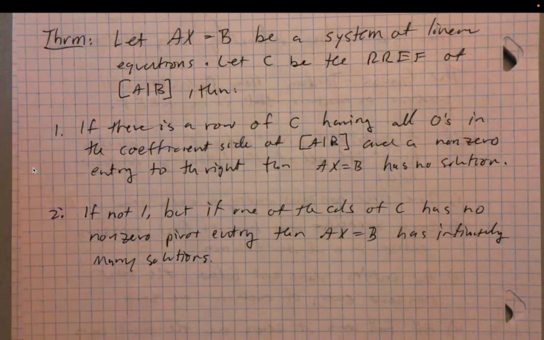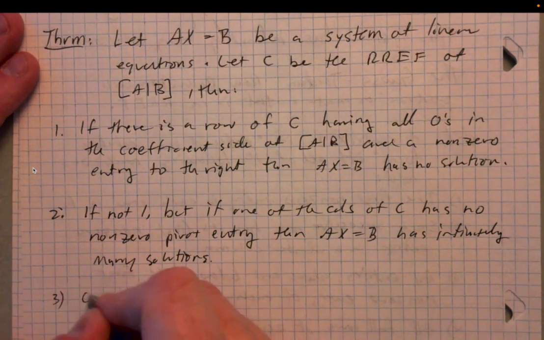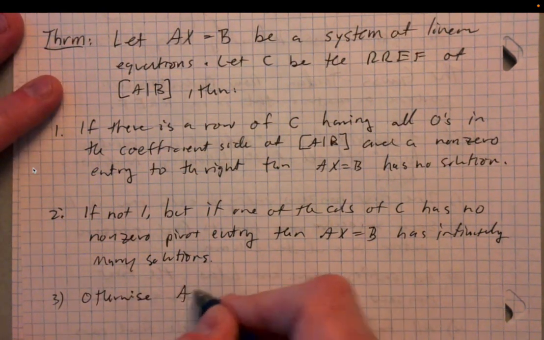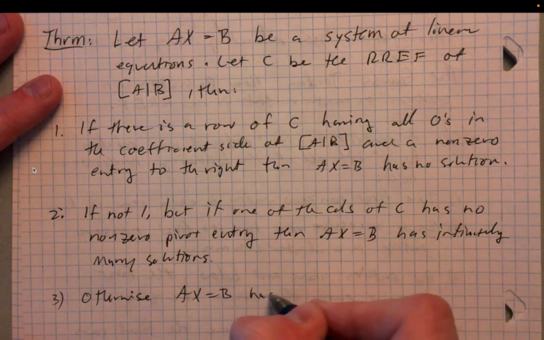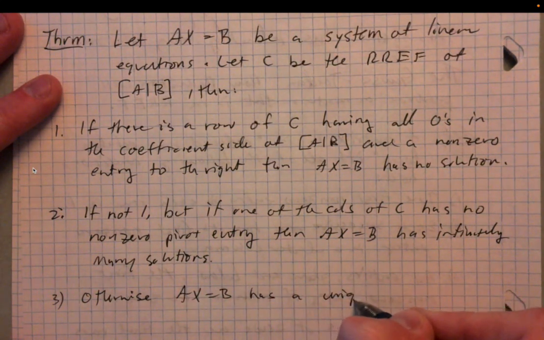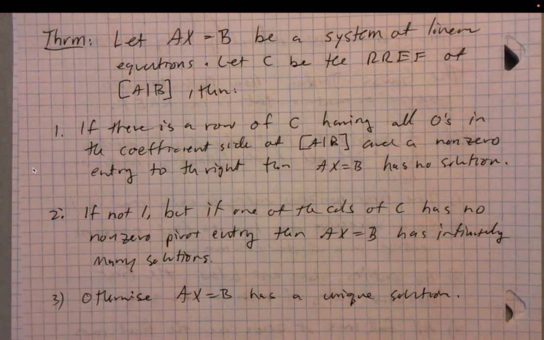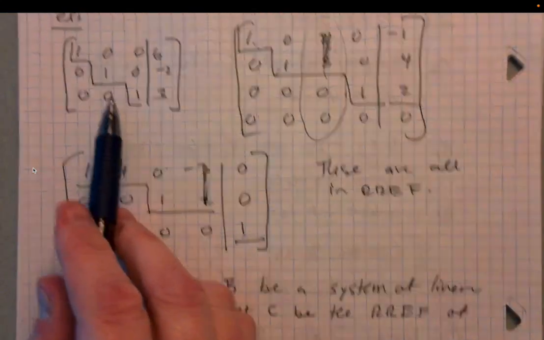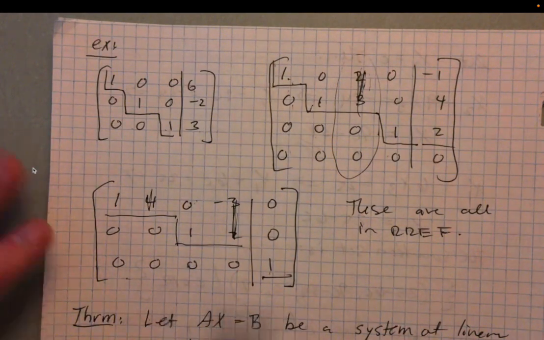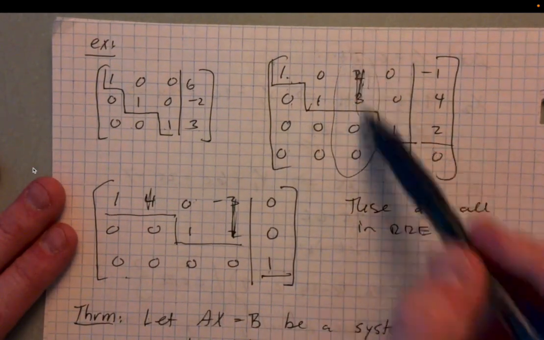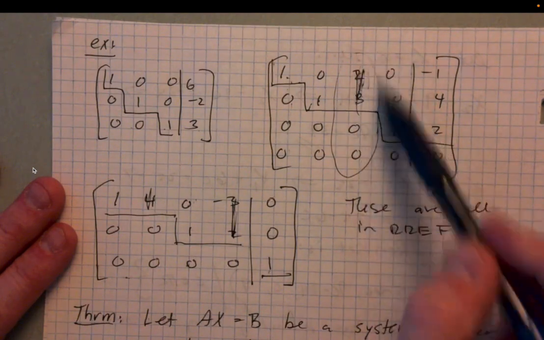Okay, and then otherwise, AX equals B has a unique solution. Otherwise you're going to have a situation like this, right? Which means we're not going to have any column without a pivot, right?